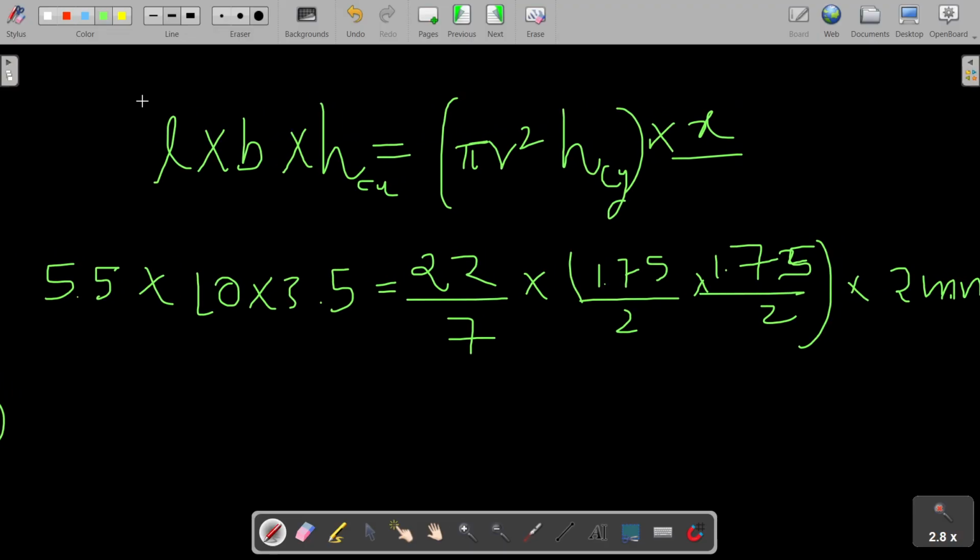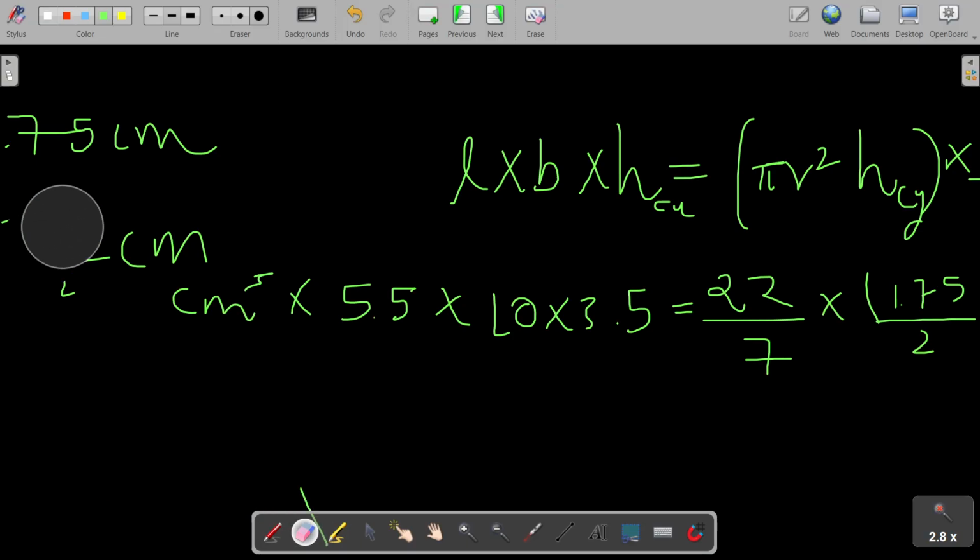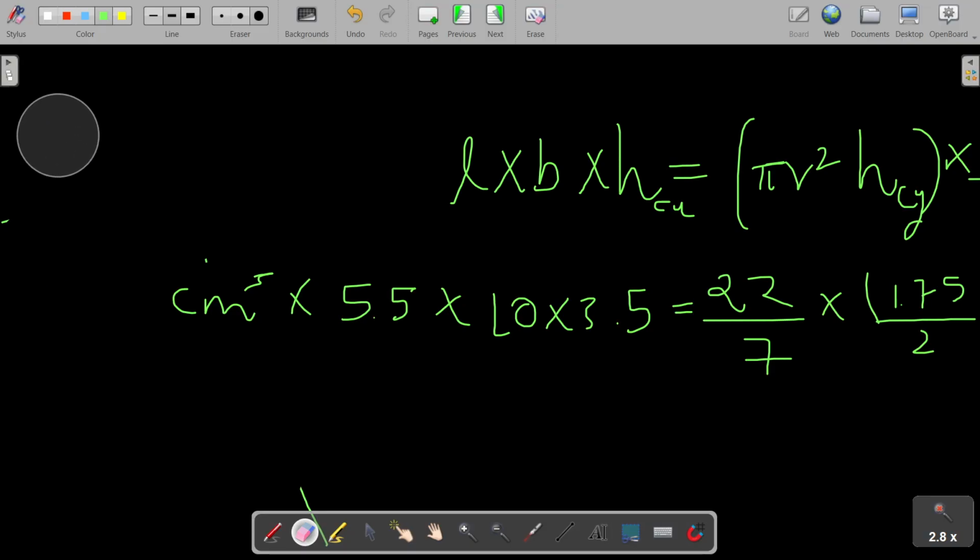So the dimensions of the left side are in centimeters. So this is centimeters times centimeters times centimeters. That is centimeter cubed. I have to write that centimeter cubed.